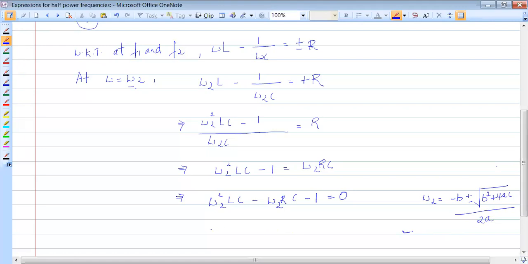So we can say omega 2 is equal to, what is b here? b is minus RC, so minus b would be RC.